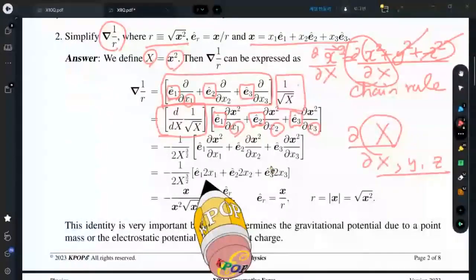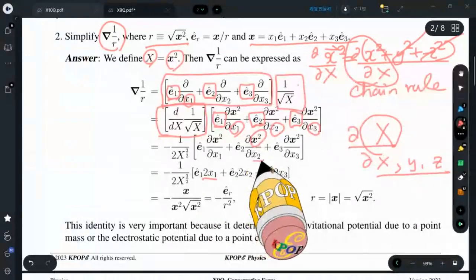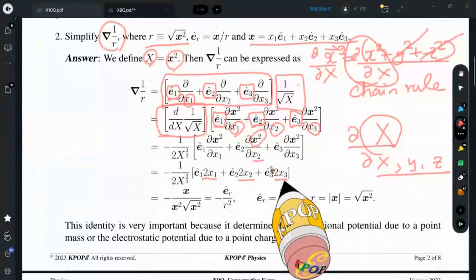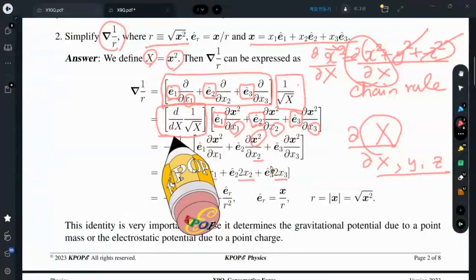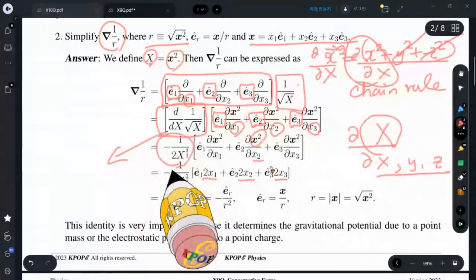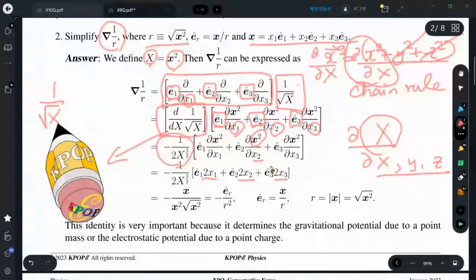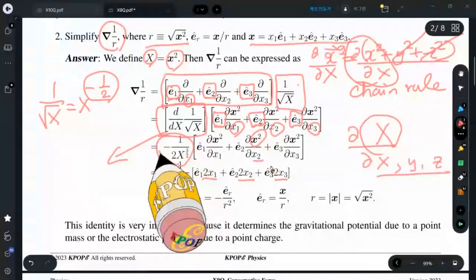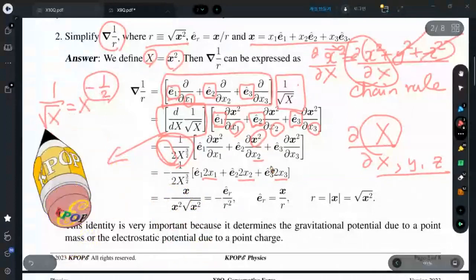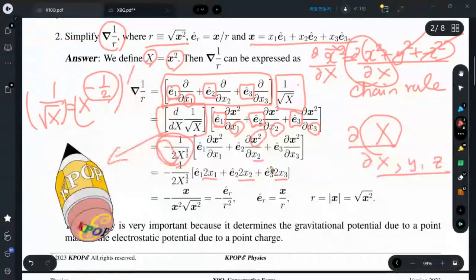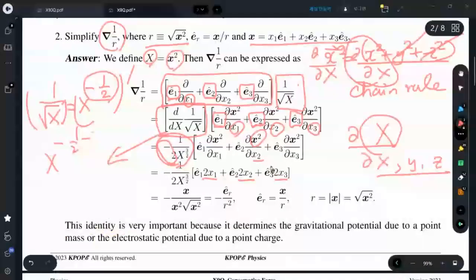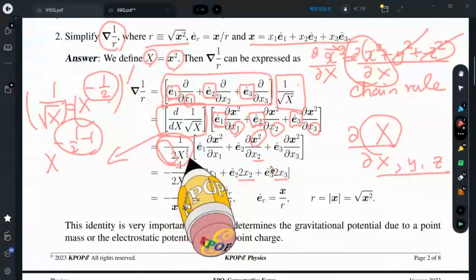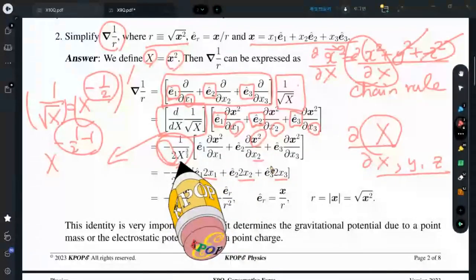Therefore, this one is 2x, this one is 2y, and this one is 2z, right? And then the derivative of 1 over square root of X is minus 1/2. So this factor appeared, and then I take the derivative, so I added minus 1. That became, in the denominator, the 3/2 power of capital X.